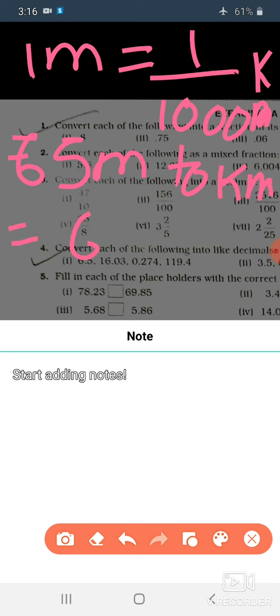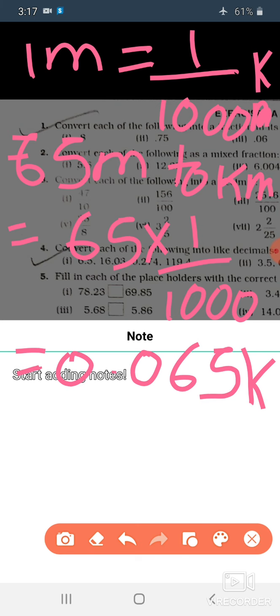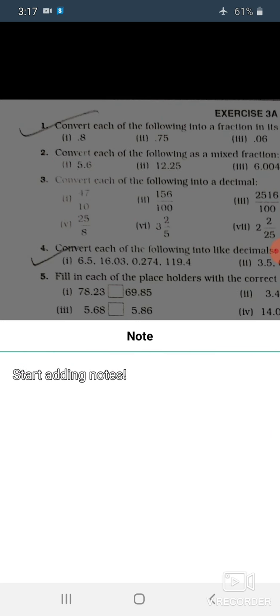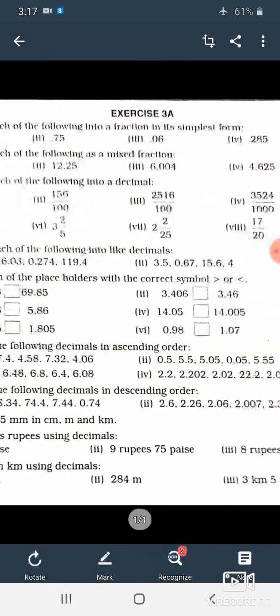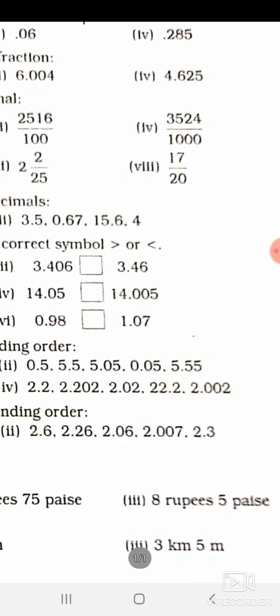Simply we need to multiply 65 by 1 by 1000. So the answer would be 0.065 in kilometer. Write in your copy properly. As the space is less here, so I'm writing in this way.